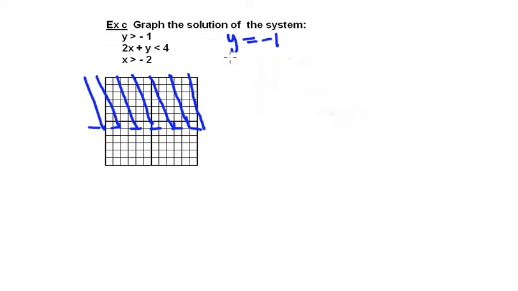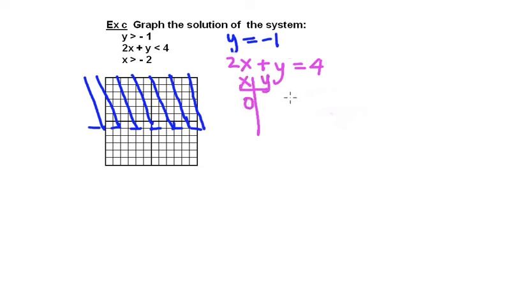Next, let's take a look at the second inequality, which I'll write as the equation 2x plus y is equal to, now instead of less than, I'll make it equal to 4. And that gives me the equation of a line. So I can decide how to graph that line by plotting points, and I think that I will choose the intercepts.